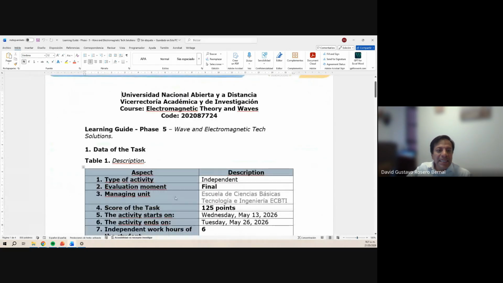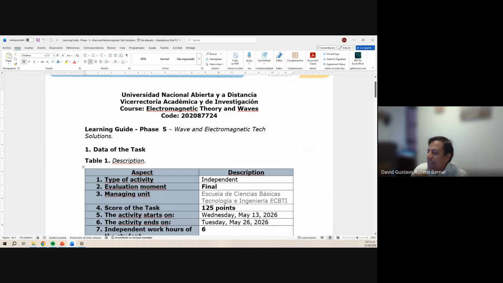Step number 1: understanding the learning guide for phase number 5. Let us begin with the basics. Phase number 5 is the final evaluation moment of the course. It is an independent activity, meaning each one of you will work on this individually. There is no collaborative component, no group submission, no shared document. You are the sole author of your work.